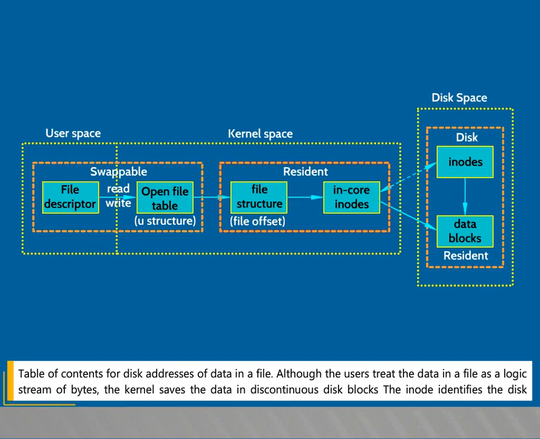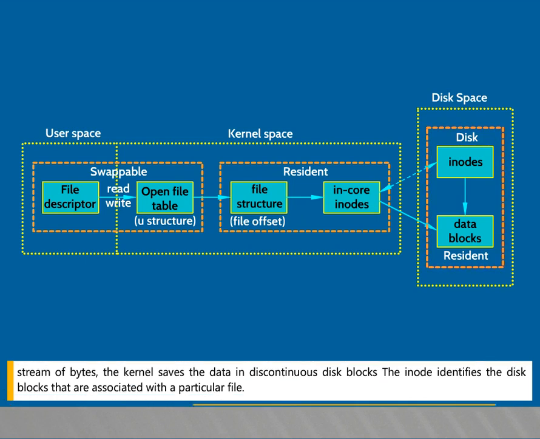Although the users treat the data in a file as a logical stream of bytes, the kernel saves the data in discontinuous disk blocks. The inode identifies the disk blocks that are associated with a particular file.